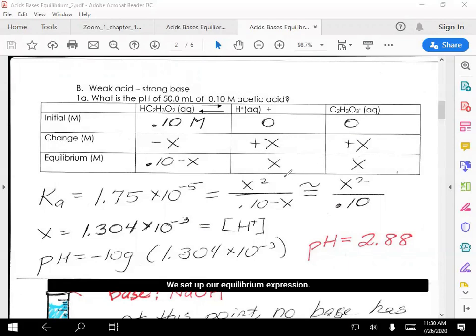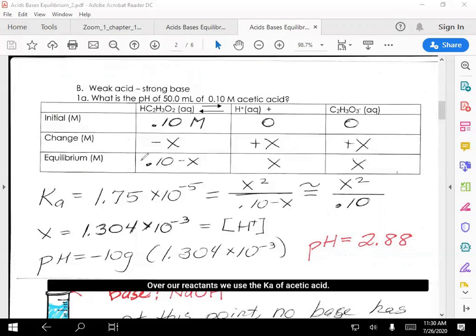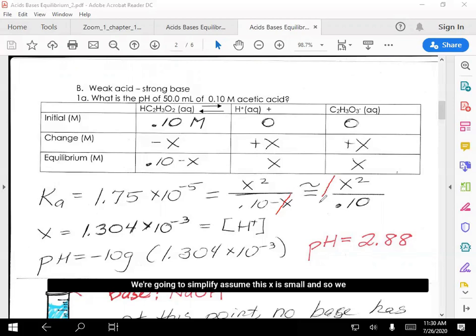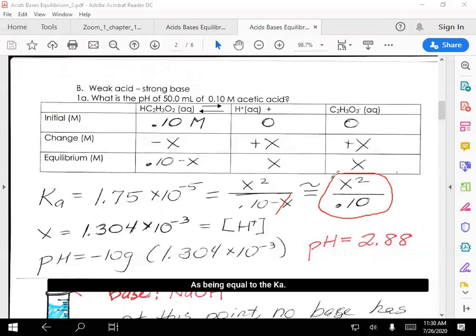We set up our equilibrium expression, and we have our products over our reactants. We use the Ka of acetic acid. We're going to simplify, assume this x is small, and so we will use this as being equal to the Ka.